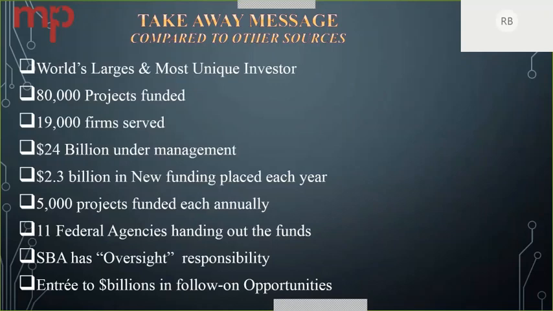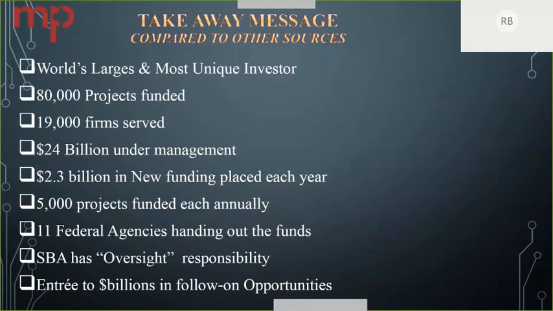Couple of takeaway messages. The world's largest and most unique investor: 80,000 projects funded, 19,000 firms served, 24 billion under management, 2.3 billion in new funding placed every year, 5,000 projects funded annually, 11 federal agencies handing out the money.